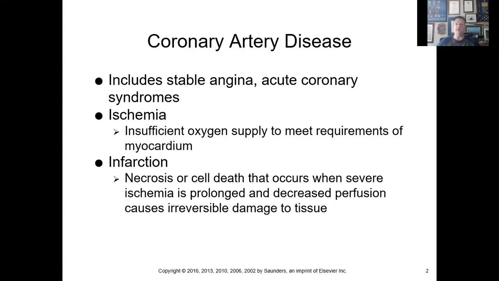And what people end up dying from is actually an arrhythmia related to that ischemia and infarction process. The heart just starts to either fibrillate or go into what they call deadly arrhythmias. That's when you see people getting shocked out of those rhythms, either by an AED or by a defibrillator.